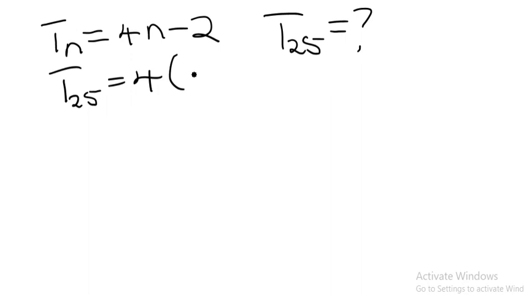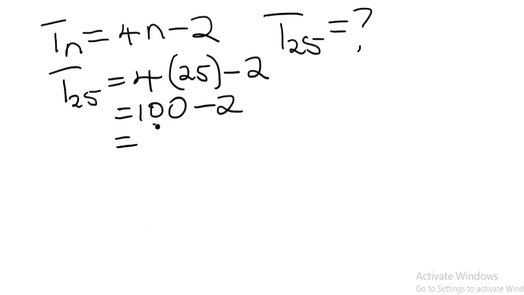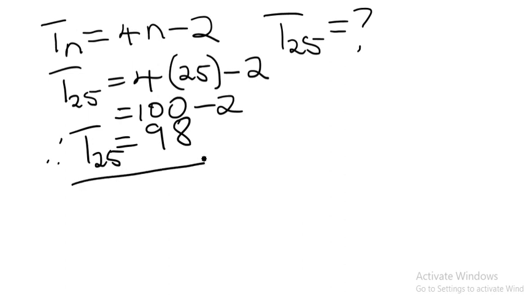So we open the brackets, you write 25 there, and that's -2. Now when you say 4 multiplied by 25, that will give you 100, and that's -2, and that is your answer there. Now T25 is equal to 98.